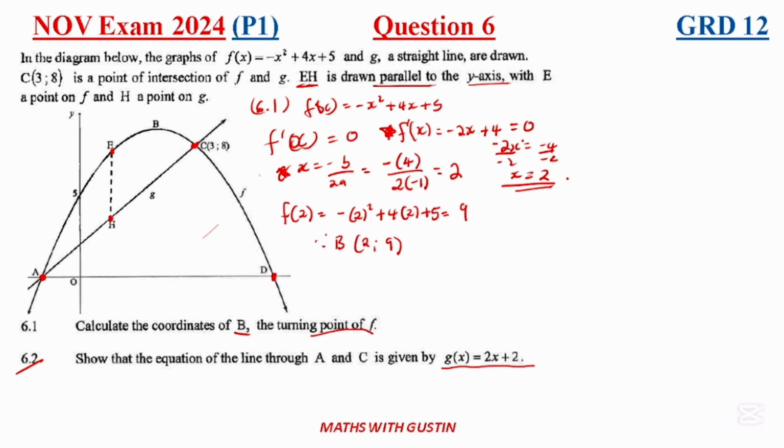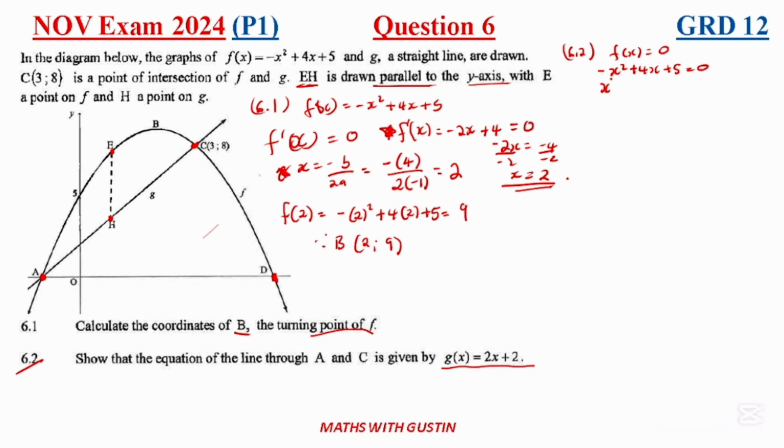Okay, so now we need to show this. We need this coordinate here, which is the x-intercept of the parabola. We get the x-intercept of the parabola when y is equal to 0. So f of x for the parabola will have to be equal to 0. So we have negative x squared plus 4x plus 5 is equal to 0.